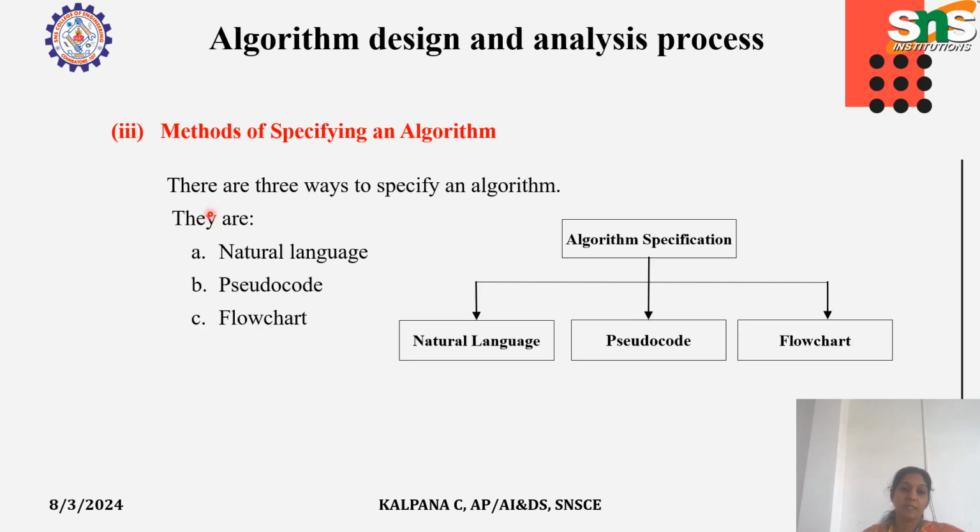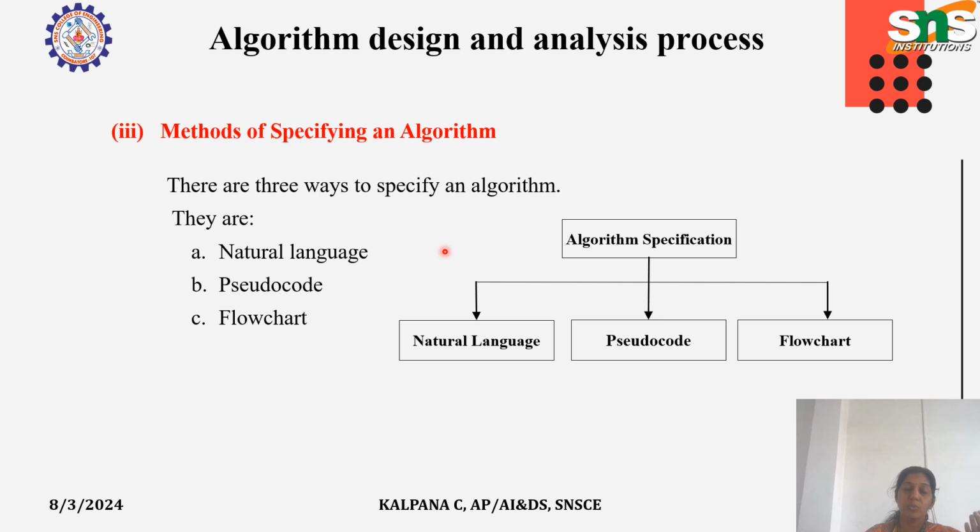The third step is methods of specifying an algorithm. In the first step, we understand the problem statement thoroughly, and the second is choosing the correct algorithm approach. The third thing is methods of specifying an algorithm.